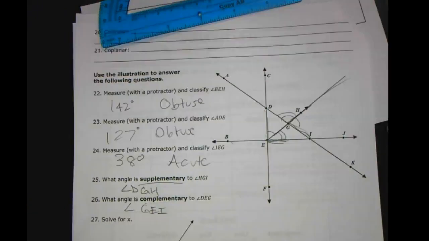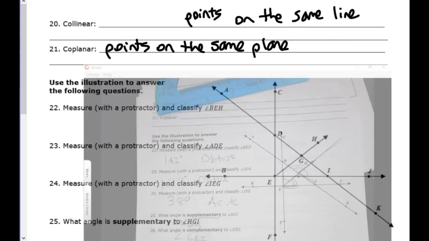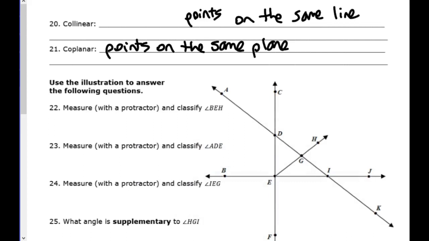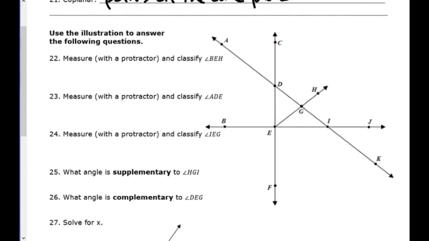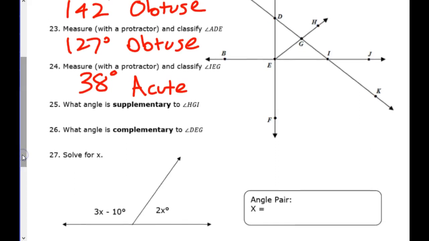Okay, so that stuff you do got to measure by hand, and I will put it on here as well. What's the angle supplementary? So we got DGH, GEI.